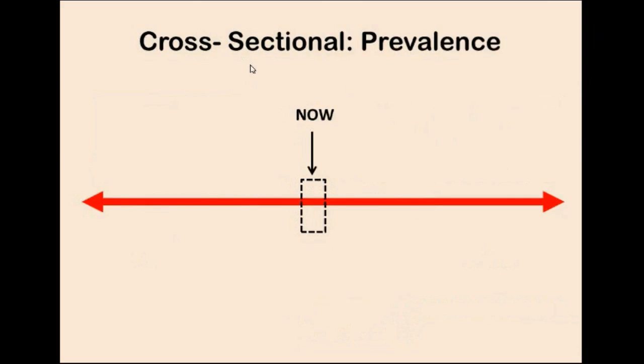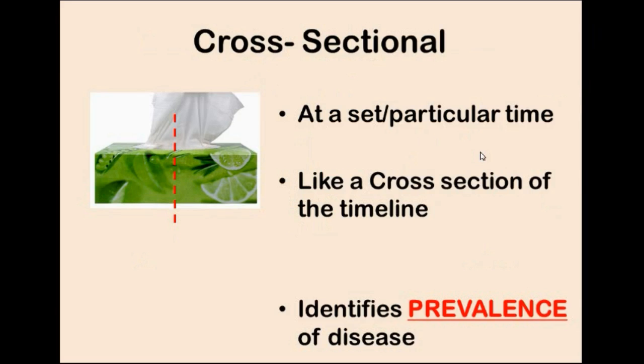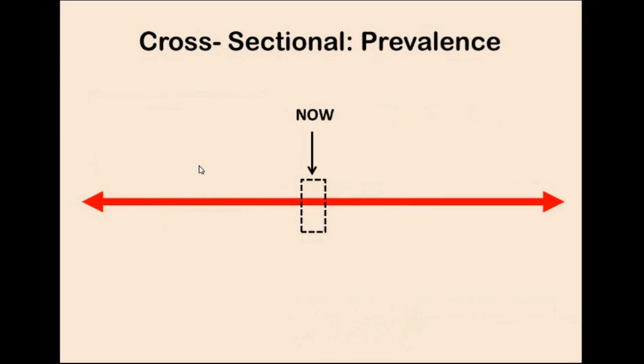So the first type of study is a cross-sectional study. Now, what is the definition of a cross-section? Well, you know how in histopathology, let's say you take a cross-section of a tissue sample, or even in imaging, you have the whole tissue or sample and you take a specific area or part of it. That's why it's called a cross-section. The same understanding can be applied here, where when we have a timeline, we're taking a cross-section of that timeline.